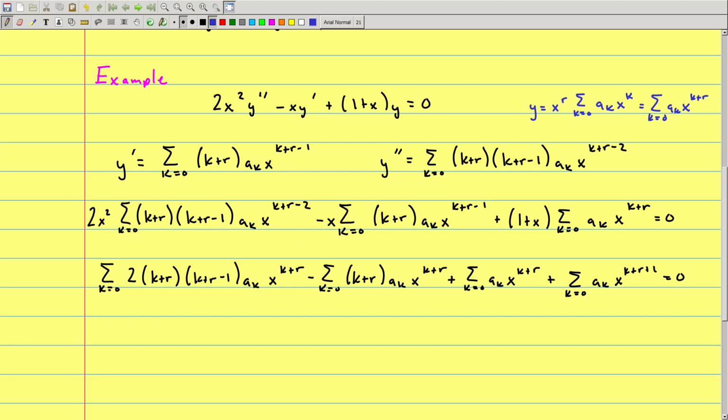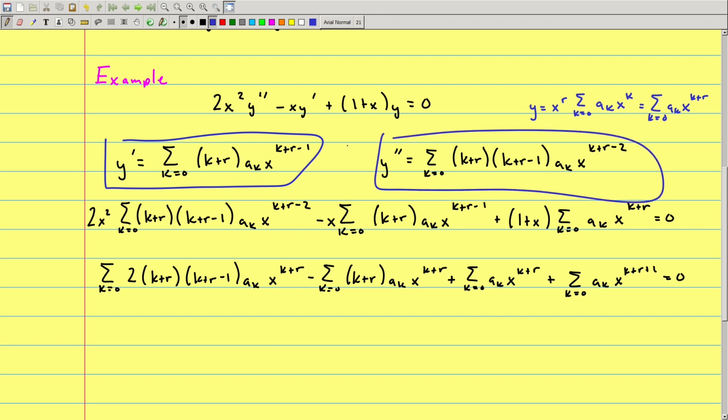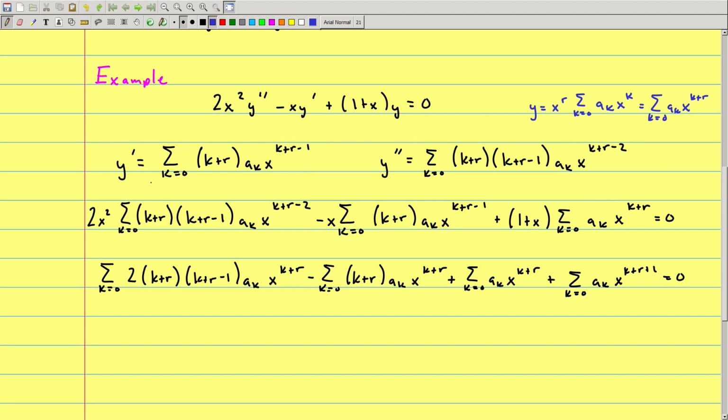The question has to do with why, when we took our derivatives here, we didn't change the origin point of the summation. The reason has to do with this x to the r factor. Previously, we had summations that look like this.